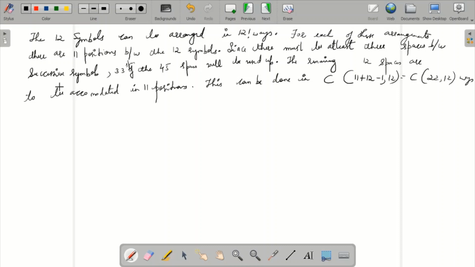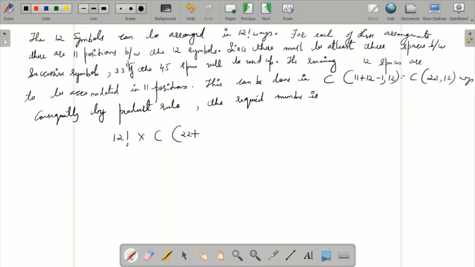Consequently, by product rule, the required number is 12 factorial into combination of 22 comma 12, that is 12 factorial into 22 factorial divided by 10 factorial into 12 factorial.